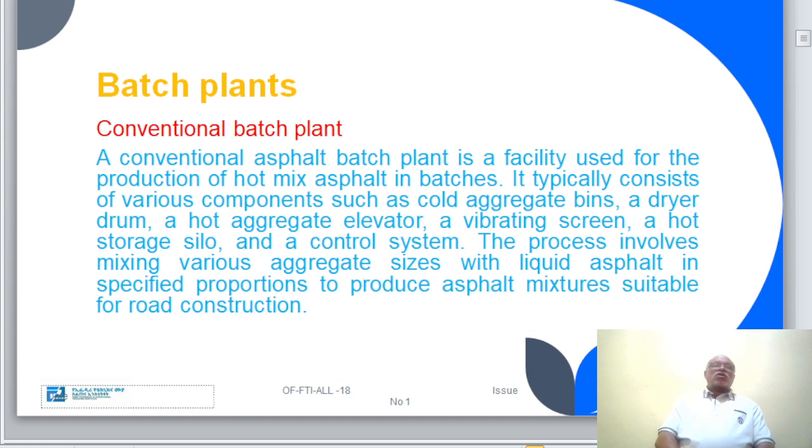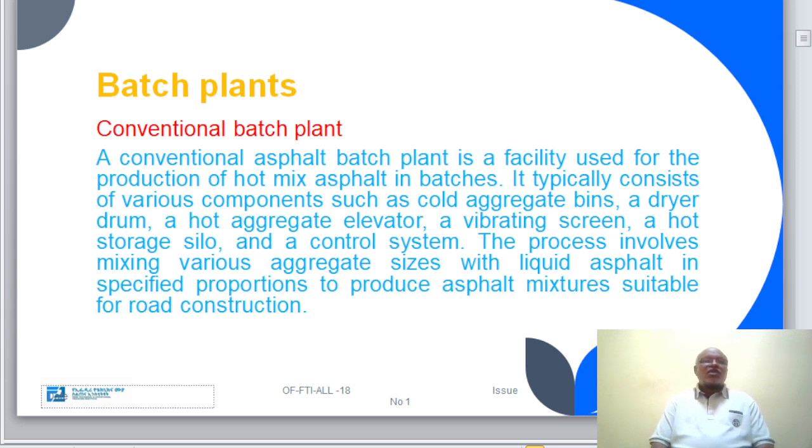For each hot bin, the aggregate is charged into the weigh hopper that is weighed at a predetermined amount and then discharged into the mixer. Fines or filler together with hot bitumen are also added to the mixer at a predetermined amount.